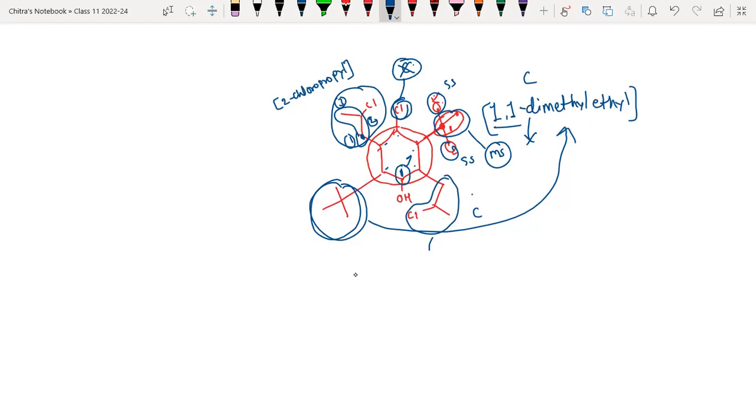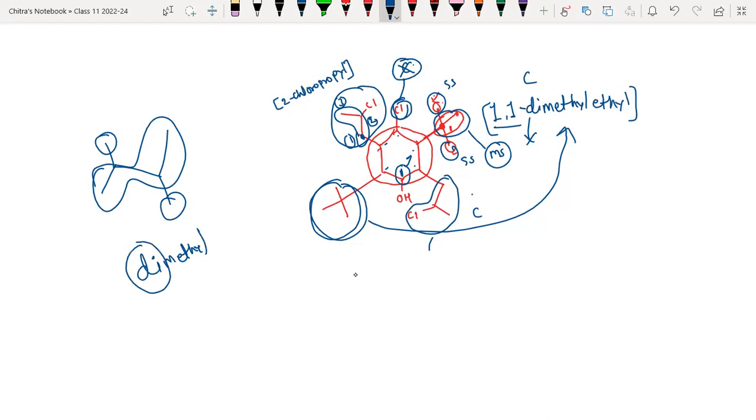Yeah. And one more important thing. See, when we are writing a name, this is the main chain. And here also methyl, and here also we have methyl. So here we are considering the dimethyl name. So before methyl we have di, and that D is not considered in case of simple substitution.